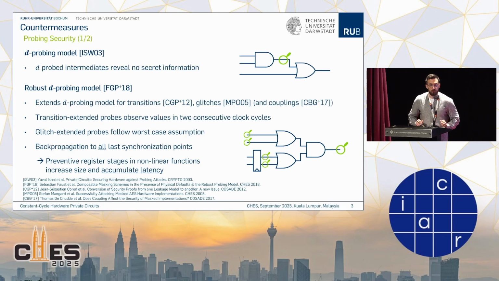So the adversary also learns all of these extended probes. This is why we use preventive register stages, but this increases size and also accumulates latency, because if we use a gadget-based approach and place registers in each gadget, then in a cascaded design of these nonlinear functions, the latency will accumulate over the depth of the circuit.